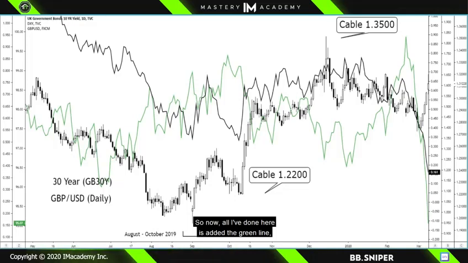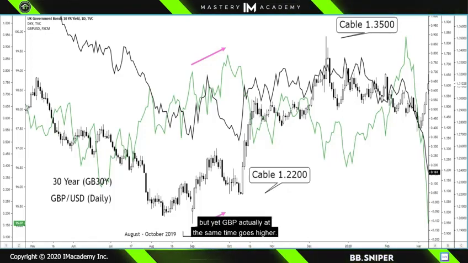So now all I've done here is added the green line, which is the dollar index. So we're going to analyze the dollar first. That's what we're going to start with. Right here you can see the dollar index going higher. It's making a higher high. So if the British pound is supposed to be opposite of the dollar index, then GBP is supposed to make a lower low, or is supposed to be going lower.